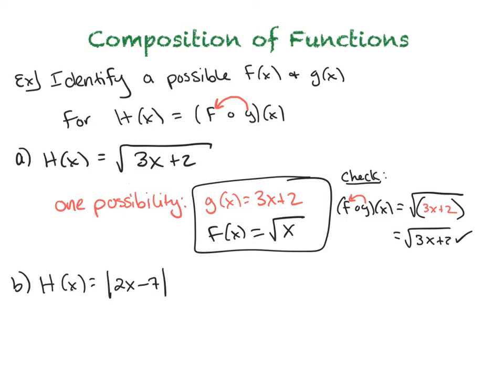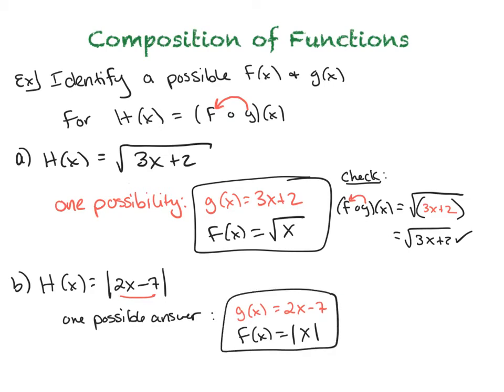So one possibility could be, let's see, the inner function, 2x minus 7, looks like a pretty good start for the inside function, and the outside function that it gets plugged into, absolute value, well, that whole thing was x, so absolute value of x.